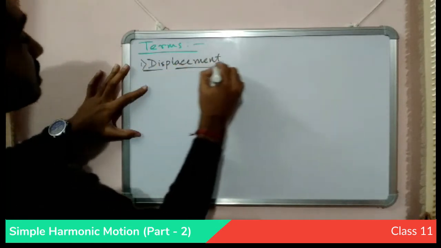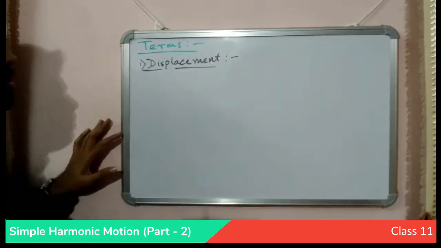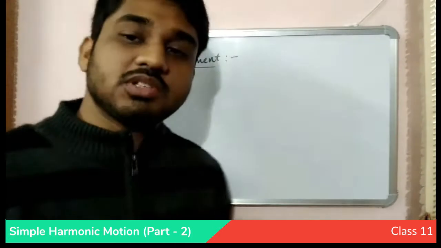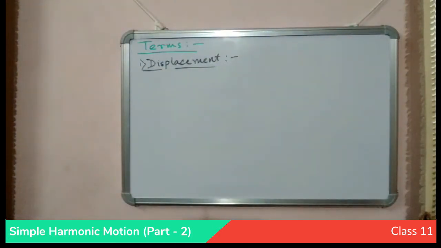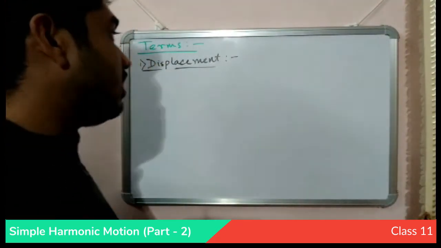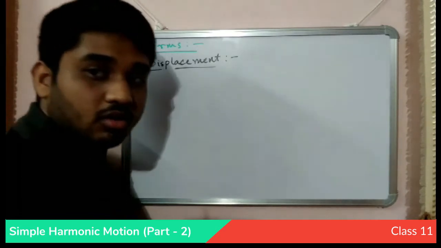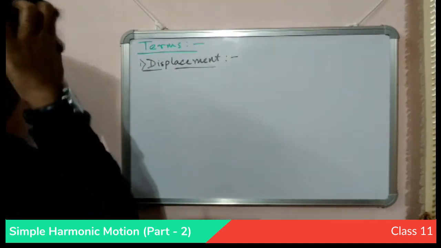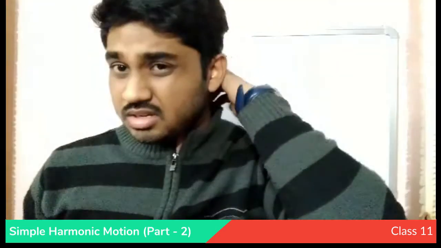And the equation we derived earlier was the formula for displacement. And as I mentioned, there are two kinds of formula, the sine formula and the cos formula, so let's discuss those.